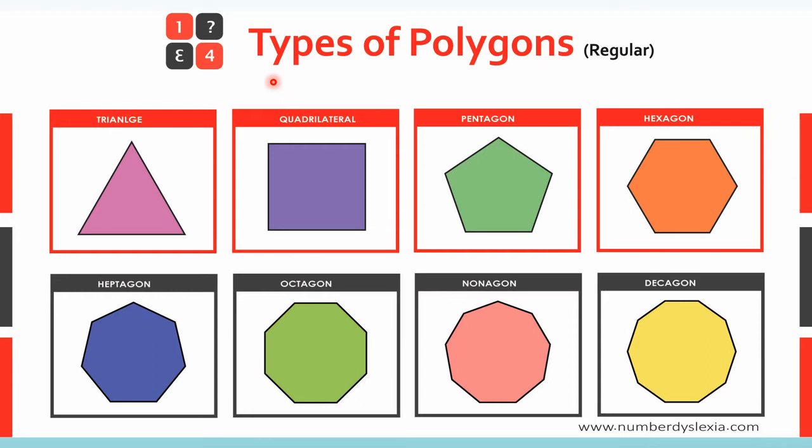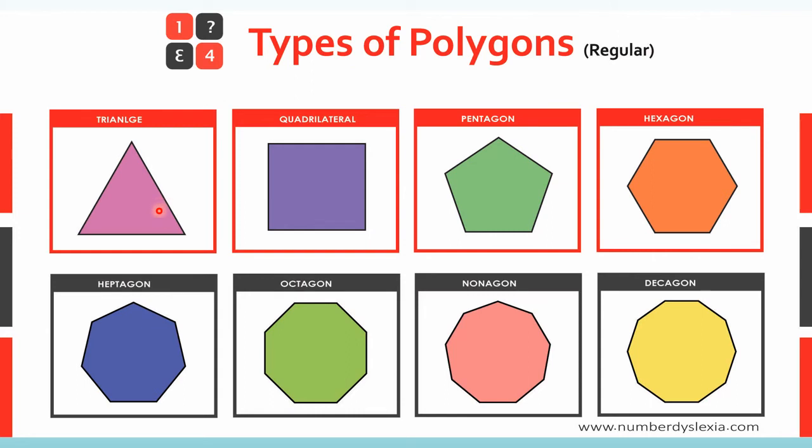Now here these are types of polygons, but they are regular. Now I will explain what regular means. In regular polygons, all the line segments have equal length and the angles are also equal. Like if this triangle is an equilateral triangle, then it is a regular polygon.